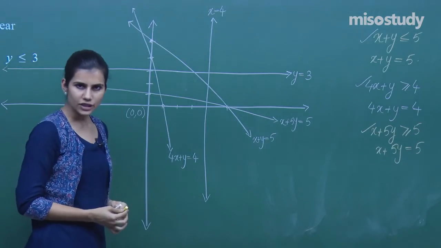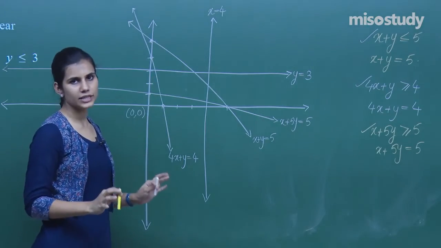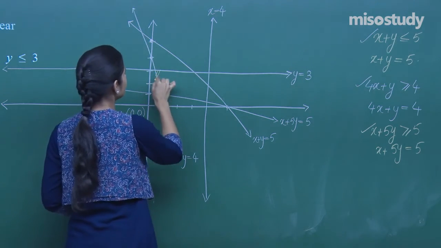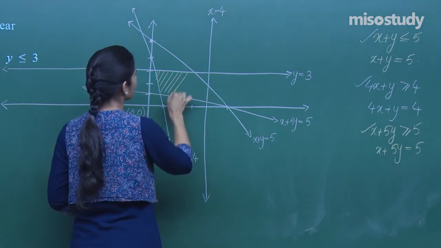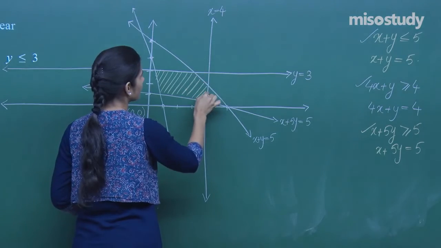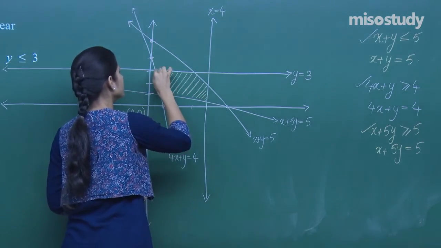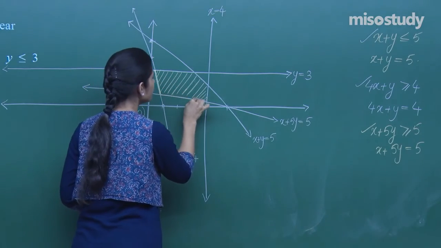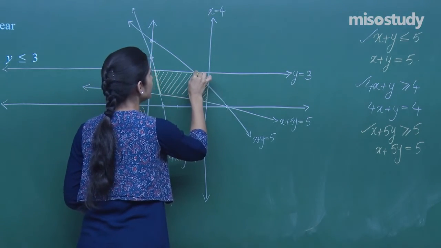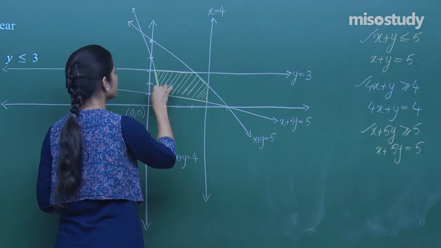When you take the intersection of all the regions that you obtain, you actually get this. This bounded region with these boundaries included happens to be your very solution.